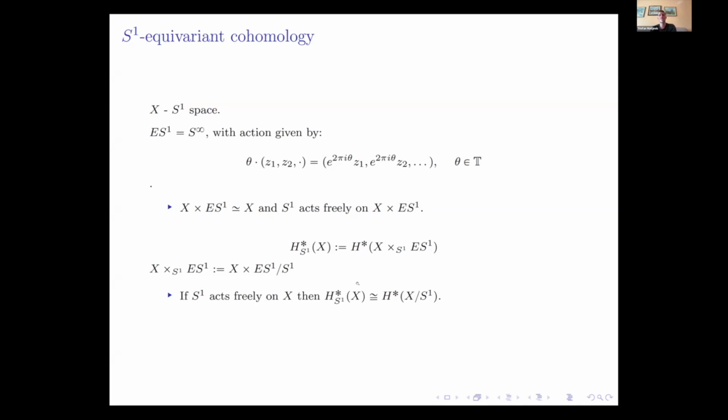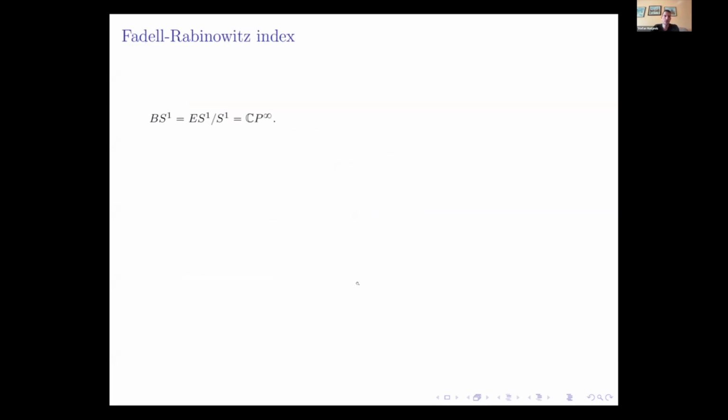And now we can define the Fadell-Rabinowitz index. So the quotient of this S infinity will be CP infinity, and we can consider a map from the S1 quotient of the product of X and ES1 to BS1, so just the projection onto the second coordinate. And this will induce a mapping in cohomology from the cohomology ring of BS1 to the S1 equivariant cohomology of X. Okay, and this cohomology of BS1 is just a polynomial ring generated by a polynomial of degree 2.